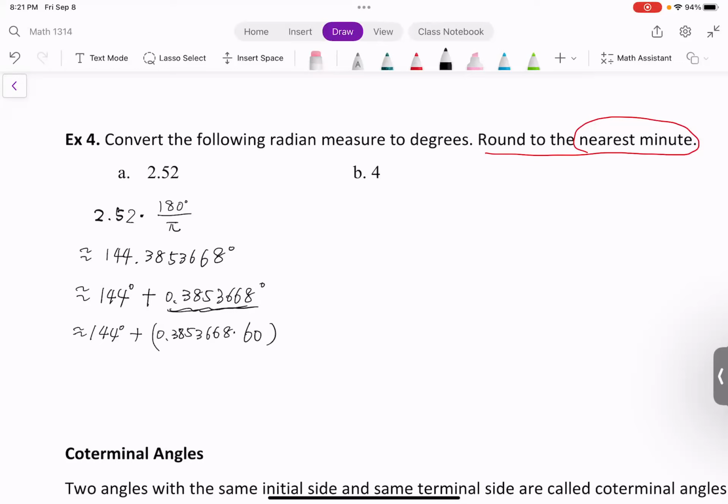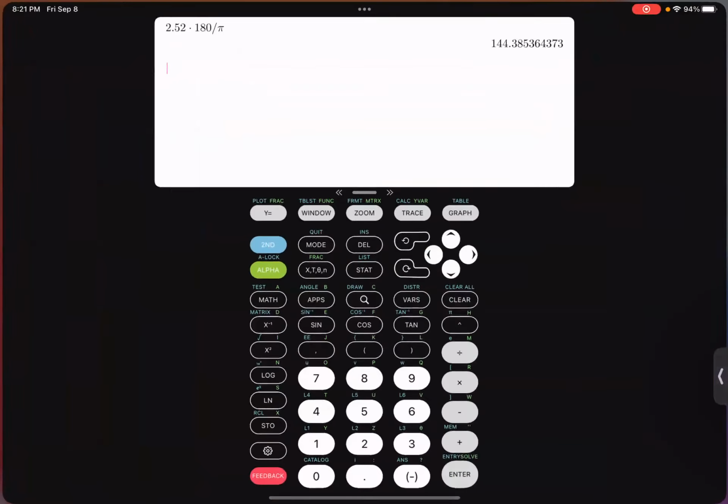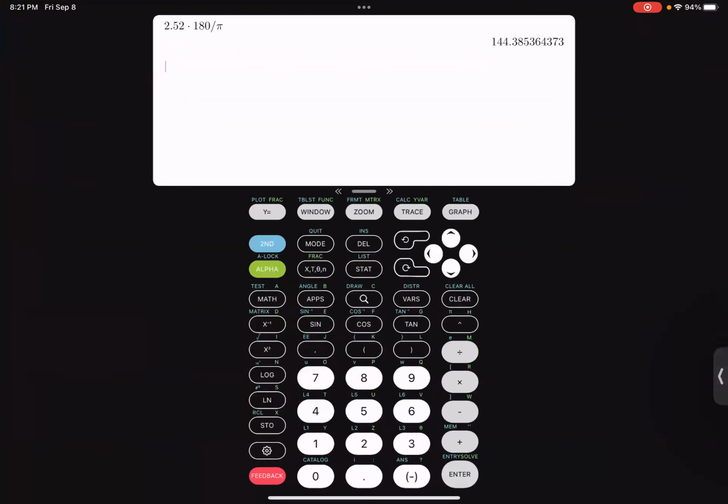Then what is the new unit now? This is the minute. So how to find the decimal digits? I can use my previous solution minus 144. Okay, that's the solution. Then use this one multiplied by 60.